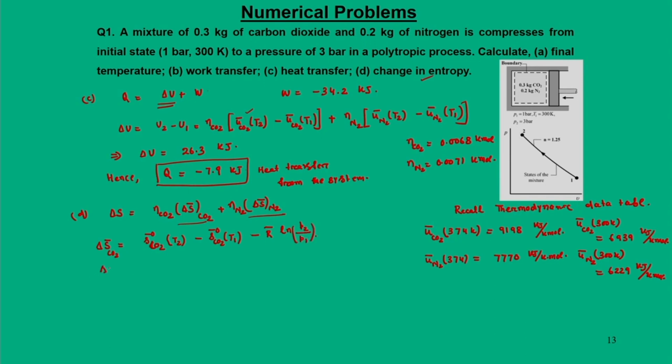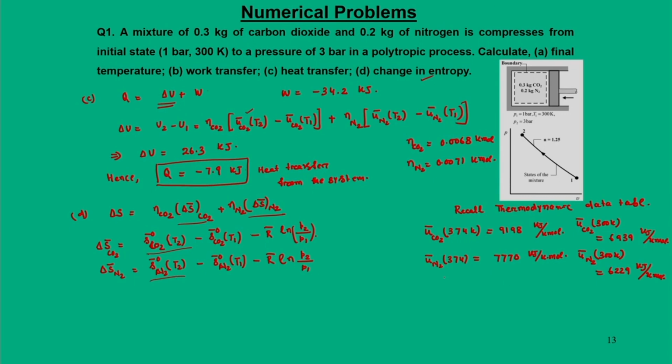Similarly, we can write delta S bar for N2, that is the absolute entropy for N2 at temperature T2 minus the absolute entropy for N2 at temperature T1 minus R bar ln P2 by P1. So, these values need to be calculated.